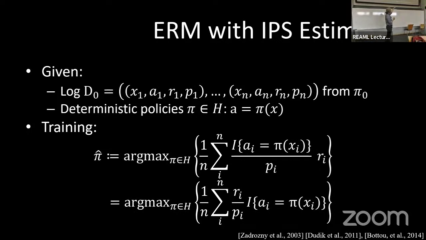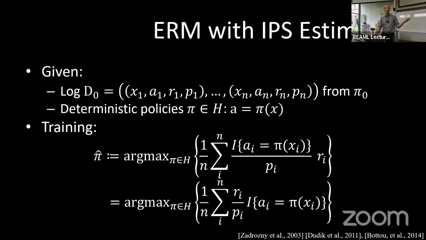We want to predict the action that the logging policy took, weighted by the reward divided by the propensity, the probability of taking this action under the logging policy. And if you find the policy that maximizes that, that's like optimizing the IPS estimate, right? Finding the policy in the policy space that optimizes IPS on the training data.